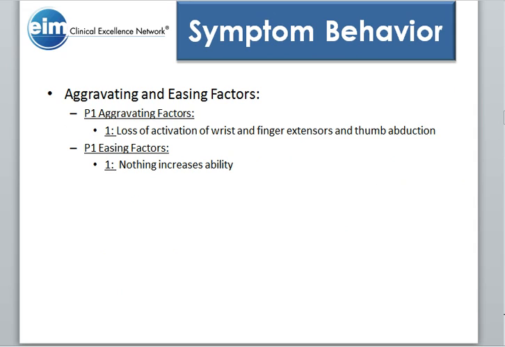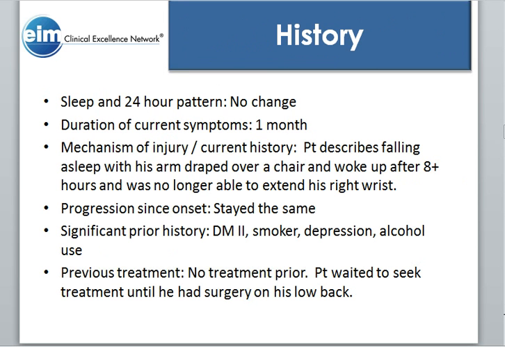Aggravating factors: this is just a constant lack of wrist and finger extension, and nothing changes that. Over the past month he's had no change. He describes his mechanism of injury as falling asleep with his arm draped over a chair for a long time, 8 hours or more, and when he woke up, couldn't extend his wrist or fingers.